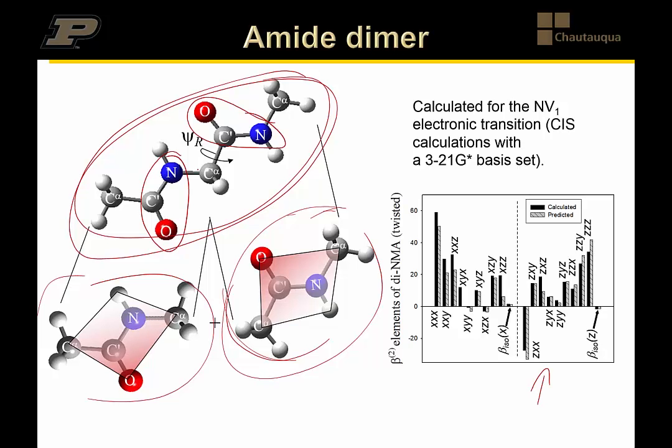And as I alluded to for binaphthol, overall there's remarkably good quantitative and qualitative agreement between the predictions of this almost trivially simple symmetry additive approach and what you get from a full quantum chemical calculation.